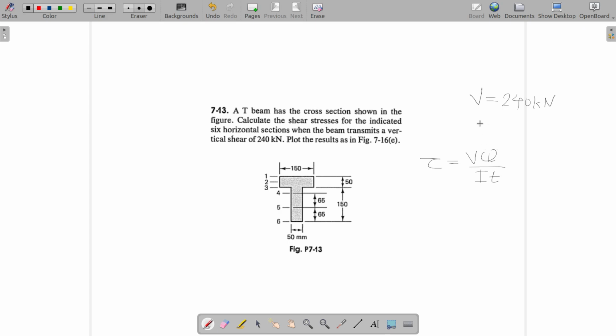Now what is I here? I here is the area moment of inertia about the neutral axis, or about the centroid, which you can very easily calculate.